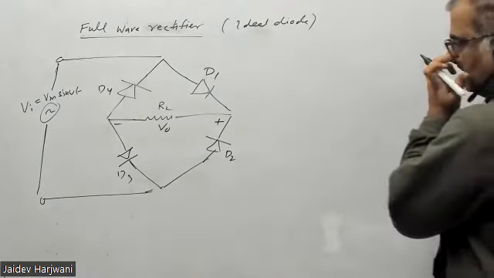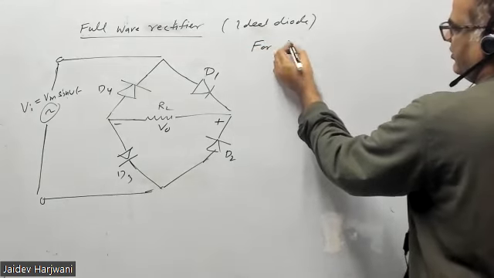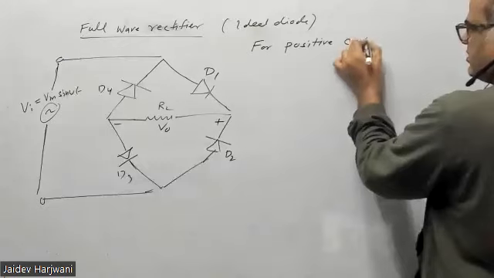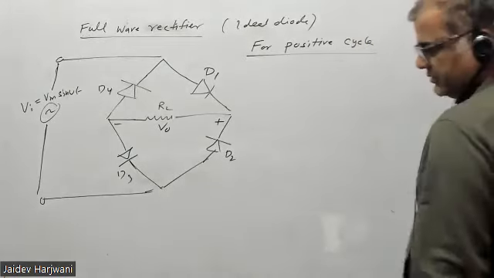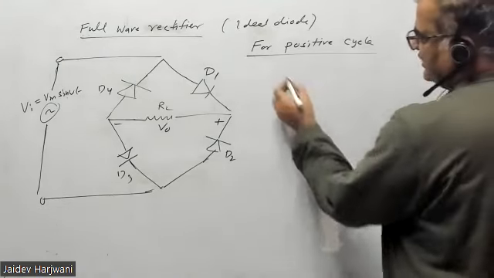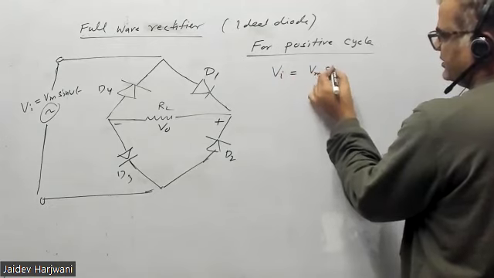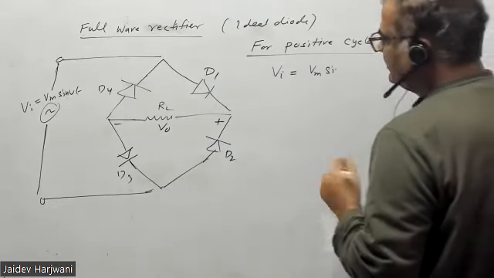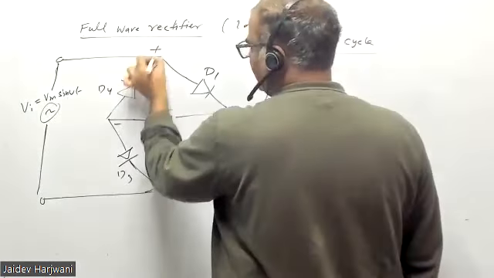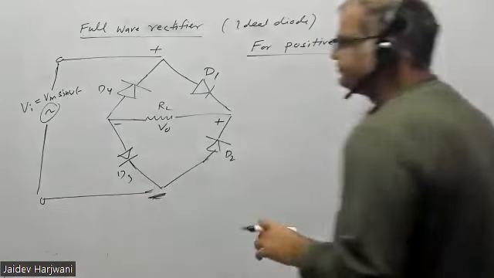So now let us say for positive cycle. For positive cycle, my V input is Vm sine omega t. V input is positive. So for positive cycle, this part becomes positive and this part becomes negative.